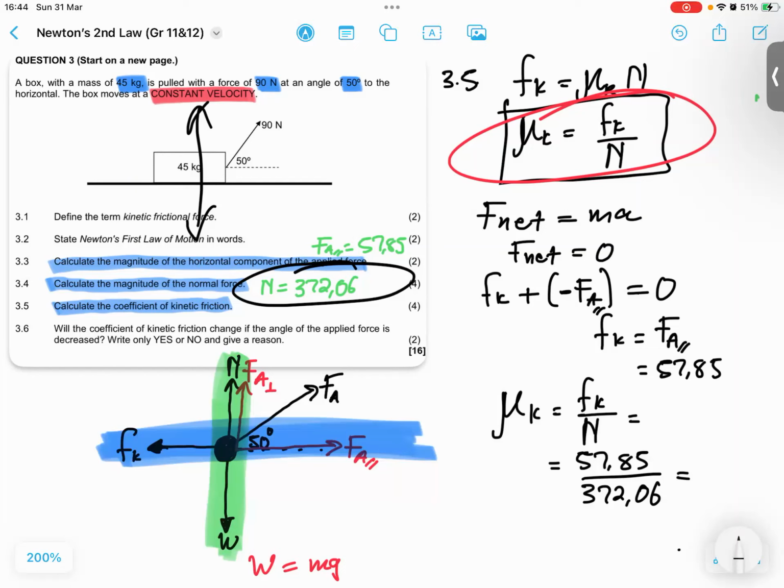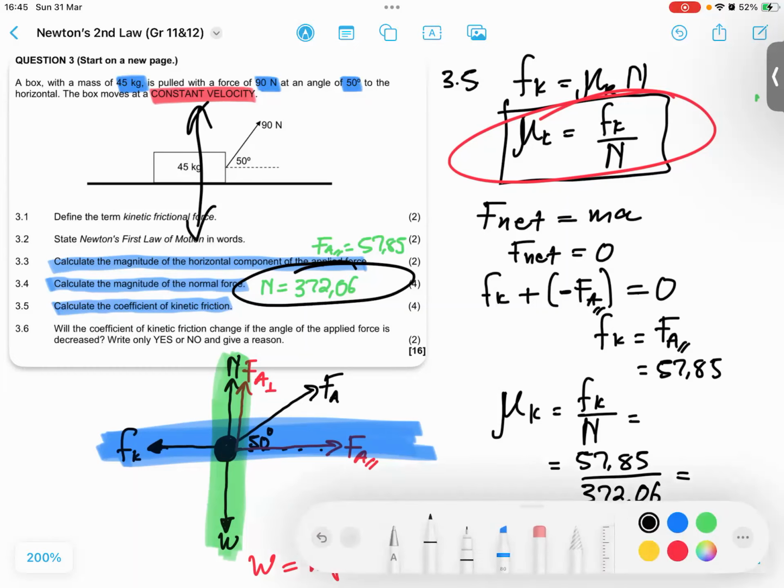Fk is measured in newtons, and the normal force is also measured in newtons, meaning that the units will cancel out, and therefore the coefficient of kinetic friction is a unitless quantity, right? So that means we have 57.85 divided by 372.06. That will give us 0.